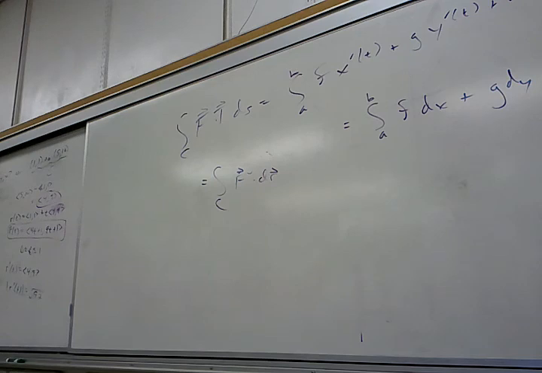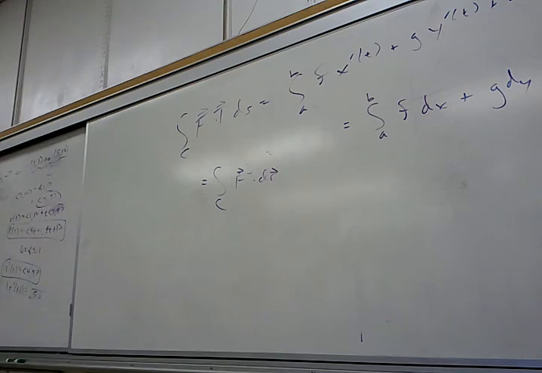When you have force fields or vector fields, so the outputs are vectors, you need to do this dot product between f and r prime. So here's my r prime, right there. Now I need to do the integral of f dot r prime, which is really what that says.